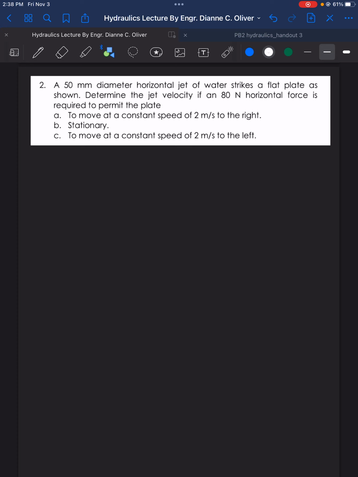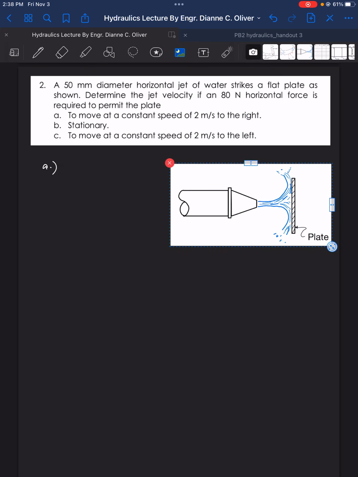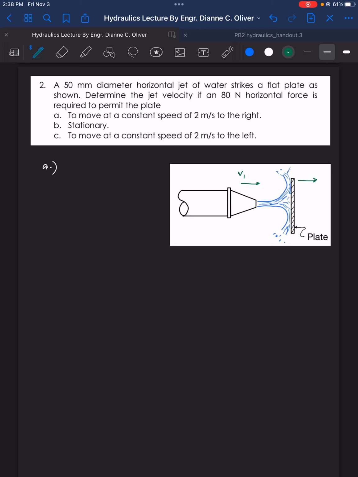So, for letter A, the plate is to move 2 meter per second to the right. Determine the jet velocity. There's no jet velocity given here, but we are given V2, the moving plate. So V2 is 2 meter per second moving to the right.